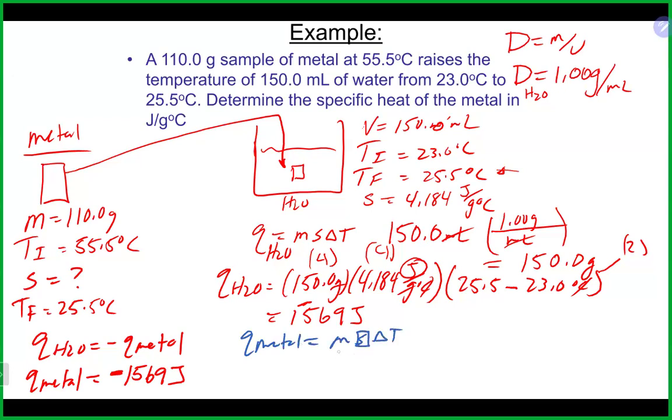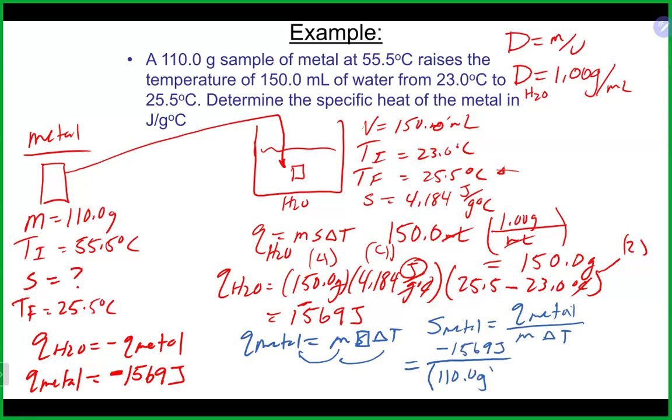Once again, we're going to solve for this. So we're going to send everybody over here and divide. And that will give us that S of our metal will equal our Q of the metal divided by m delta T. Finally, popping in our numbers here: minus 1,569 joules divided by the mass of the metal, 110 grams. And once again, we want to go final minus initial here to get our proper negative.